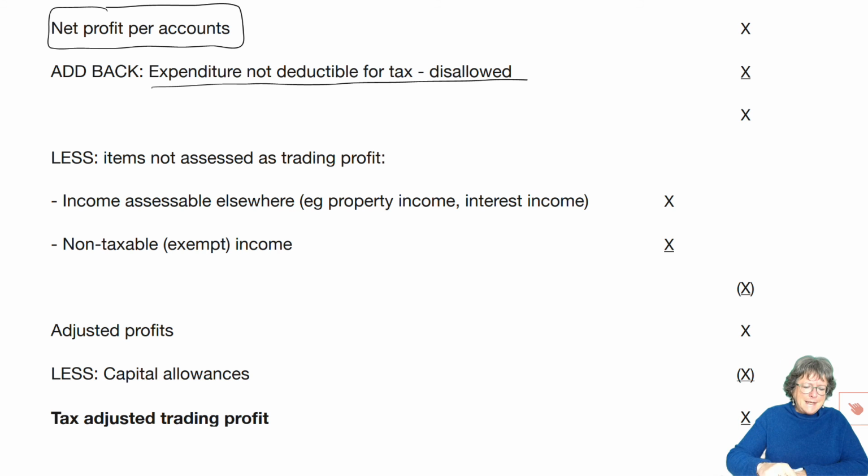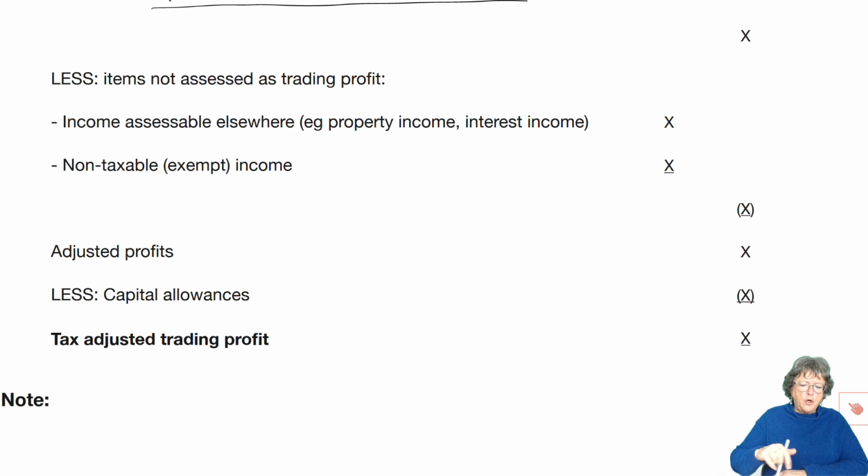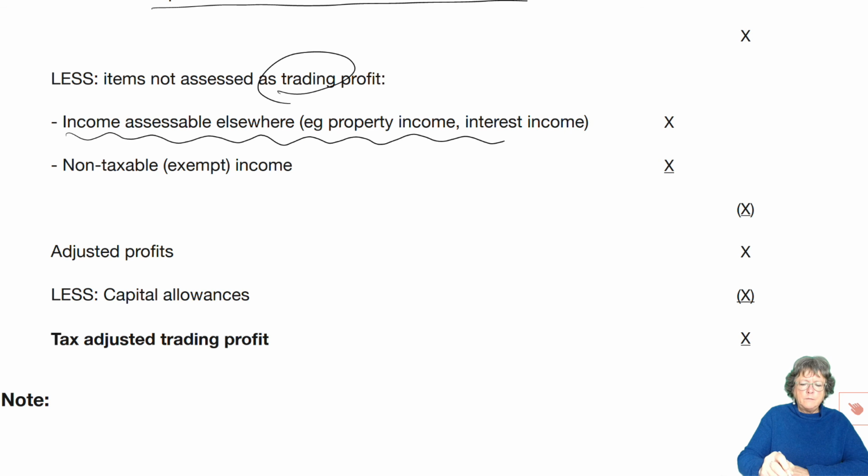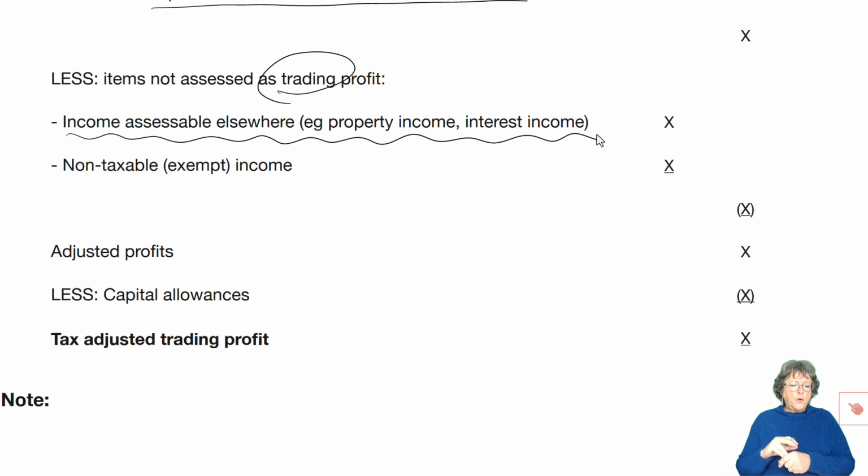We will then take out items which are not trade profits, i.e. income that's assessed elsewhere. As we've covered before, property income, normally bank interest, those sort of things, or any other exempt income. That will give us adjusted profits, and then we will take out capital allowances, which is a separate chapter, which we will cover at a different time.